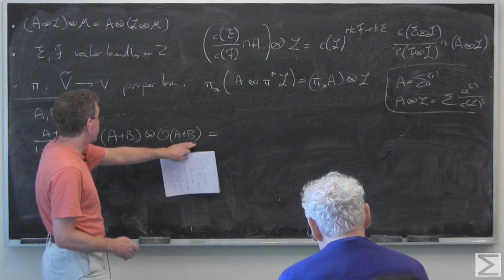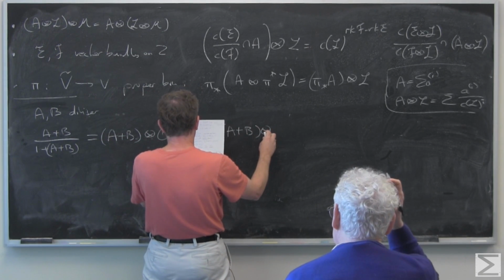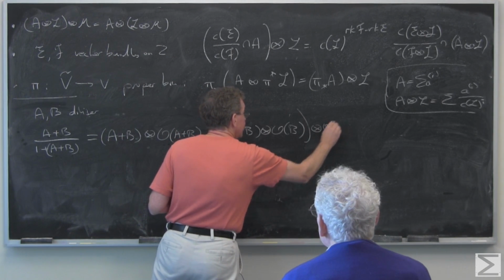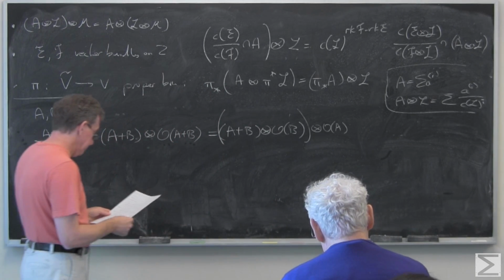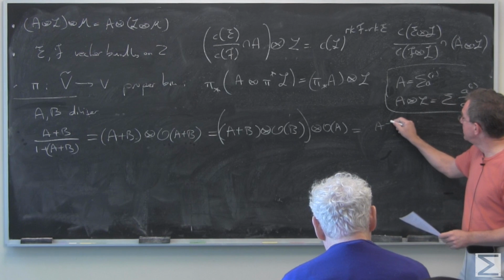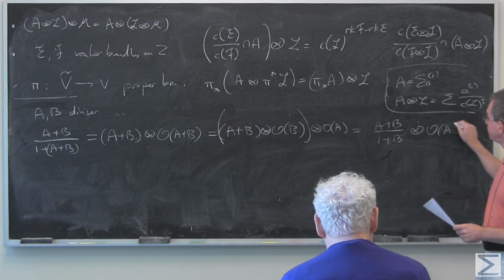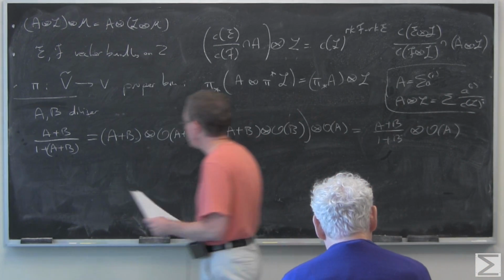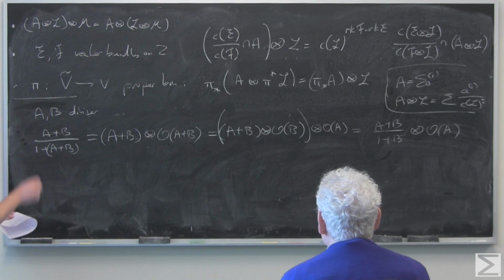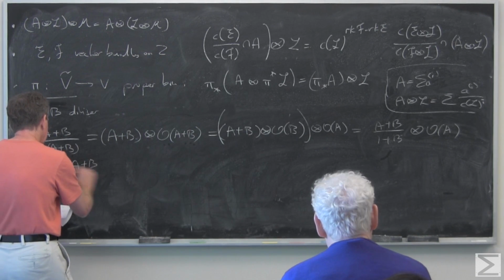And this is O of A tensor O of B. So I can view this as A plus B tensor, I think I chose O of B, and then tensor O of A. And this is A plus B over 1 plus B, tensor O of A. I'm not sure that what I'm doing is the most efficient way to do it. Actually, I'm quite sure it's not. But it's the kind of computation I find myself doing, and I did it this way, so it's fair if you see it done this way.